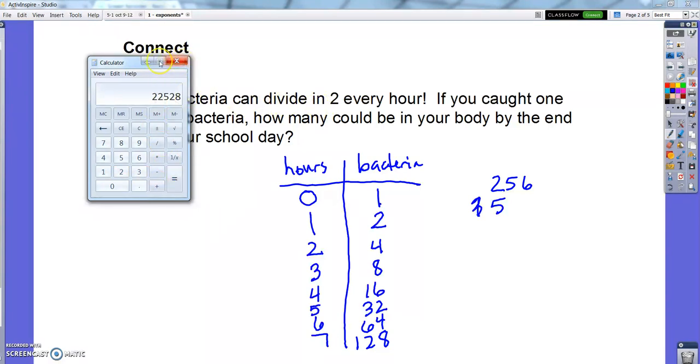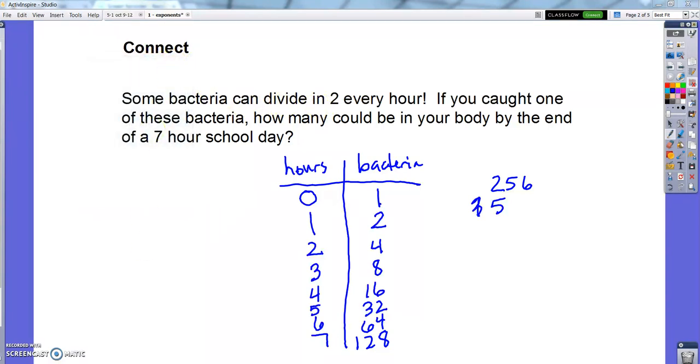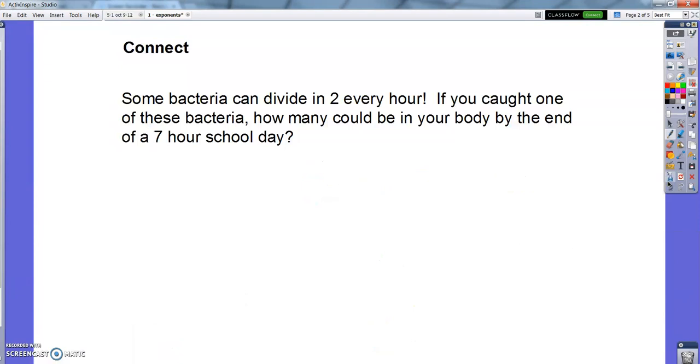So anyway, what's happening there, the way I solved that was I kept multiplying by 2. So I ended up going 2 times 2 times 2 times 2 times 2 times 2. So we have a special way of writing this down. There's a little symbol in math.